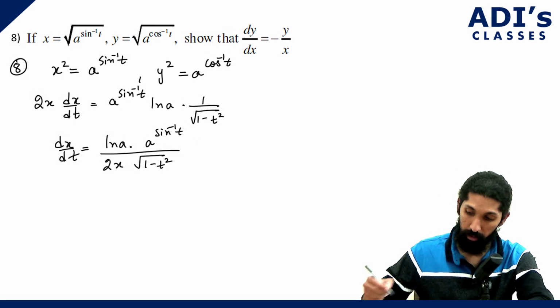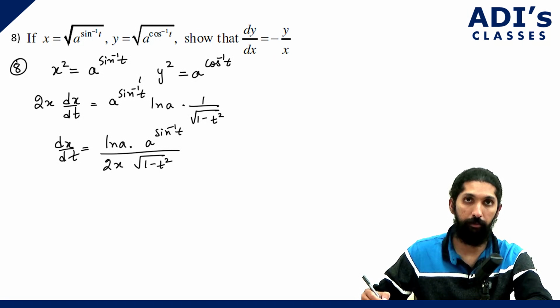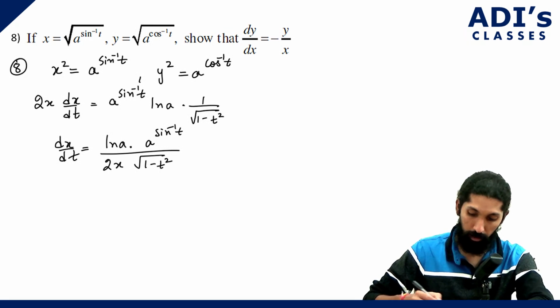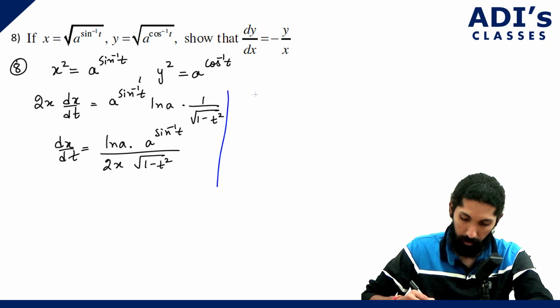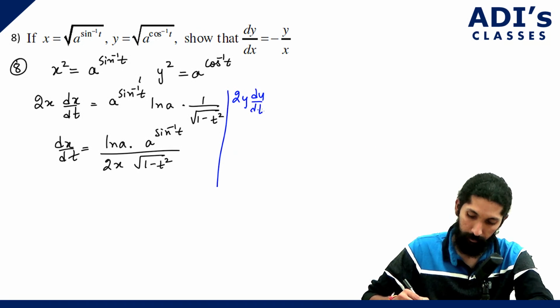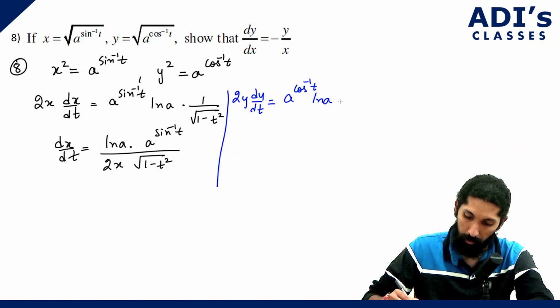Likewise, we need to do dy by dt, correct? So, differentiate this one, and if you do it, you will get 2y dy by dt equals a power cos inverse t into log of a into minus 1 by root 1 minus t square, correct?